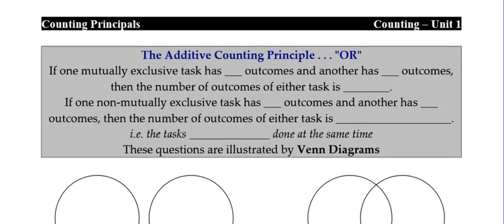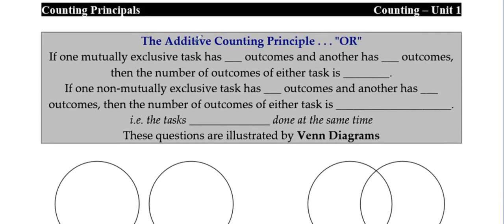The second counting principle is the additive counting principle. In this case, it says if one mutually exclusive task has m outcomes and another has n outcomes, then the number of outcomes of either task is m plus n.